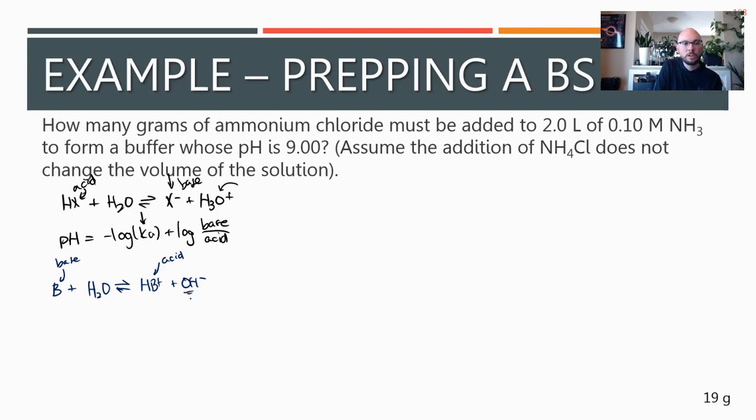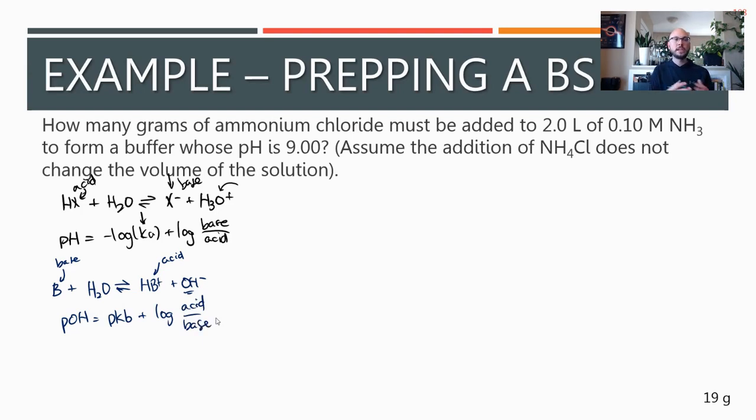Because we're ultimately figuring out the concentration of the OH minus ion and taking the negative log of that, instead of a pH we're going to have a pOH. So pOH is equal to pKb, the negative log of Kb, plus log of acid over base.